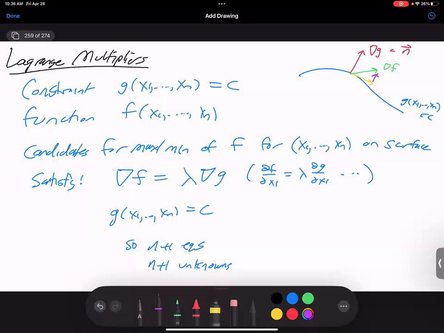If it is not 0, then I can't be at a maximum because I get larger if I go in that direction, and I can't be at a minimum because I get smaller if I go in the other direction. So the only chance I have to have a maxima or minima is that my gradient of f has to be in the same direction as the gradient of g, so that no matter what tangent direction I take as I keep walking on the surface, my directional derivatives are all 0. That doesn't mean that I have a maximum or minimum there. It just means that's where my candidates are. Does this seem vaguely familiar?